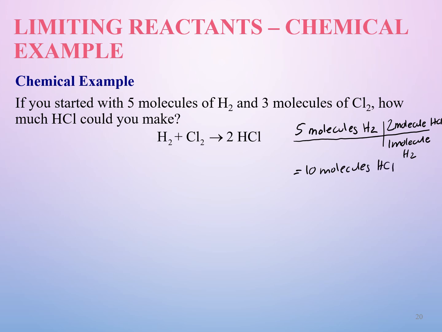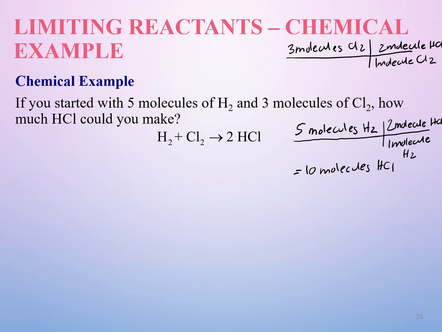And then let's take a look at chlorine. So if I had chlorine, I have 3 molecules. If we started off with 3 molecules of Cl2, and I know my ratio is 1 molecule of Cl2 to make 2 molecules of HCl.